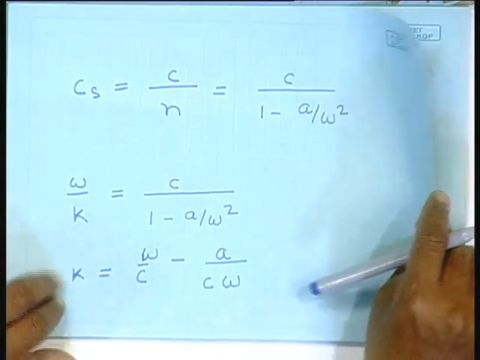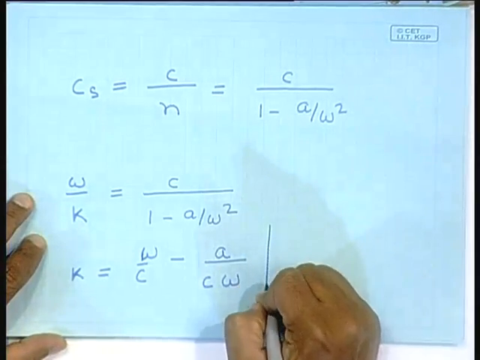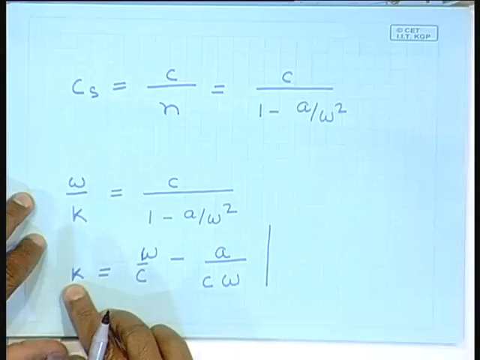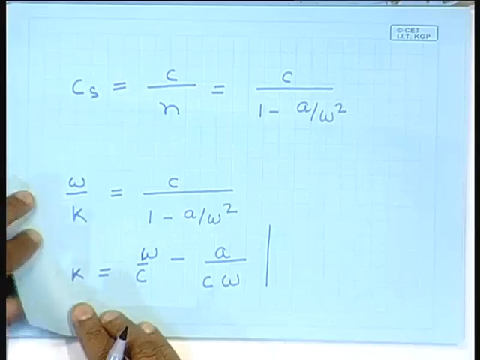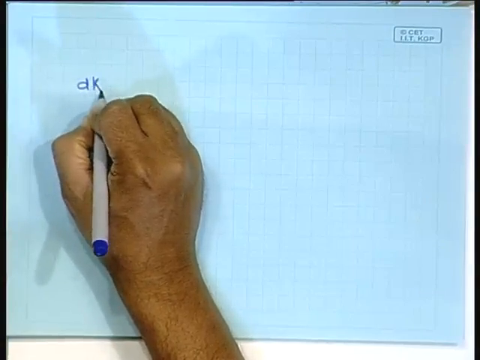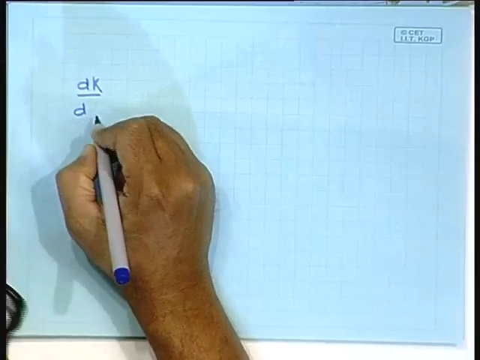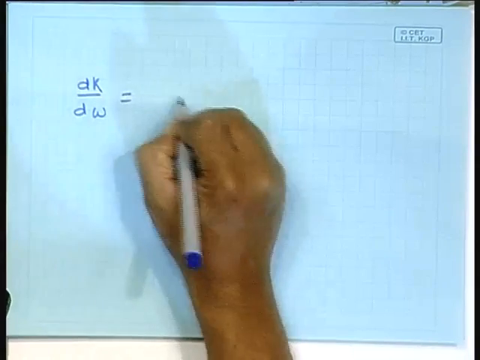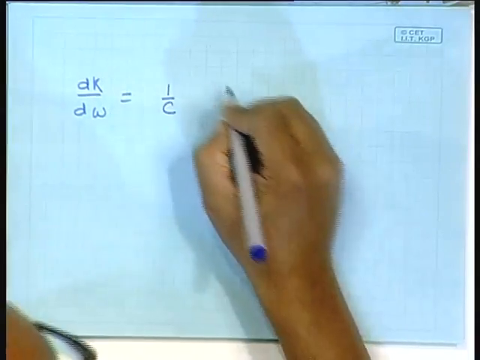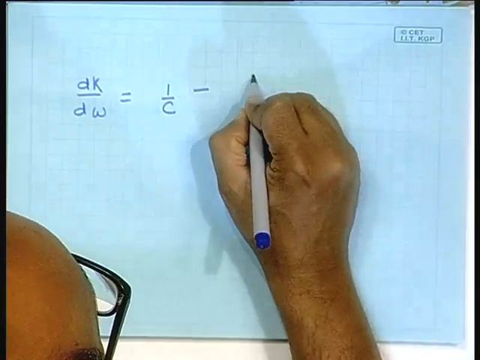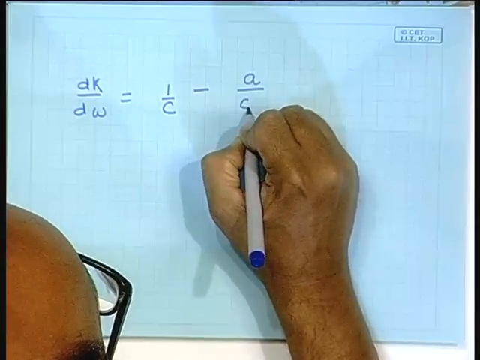We can use this to calculate dk d omega. So, let us differentiate the expression for k with respect to omega. Dk d omega is equal to 1 by c minus a by c.